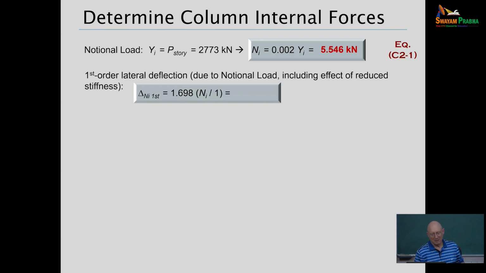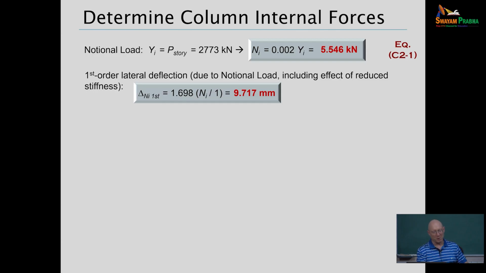And say, well, what sort of lateral deflection do we get in our frame due to the notional load? Well, our lateral deflection due to unit load was 1.698, and so we're looking at 9.717 millimeters lateral movement due to the notional lateral load.